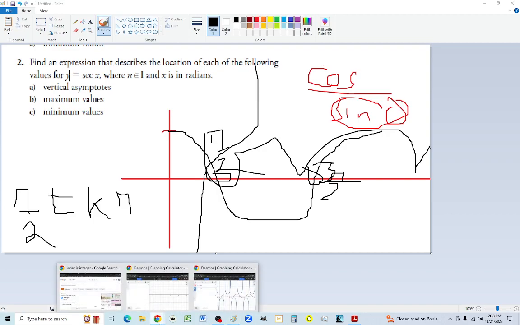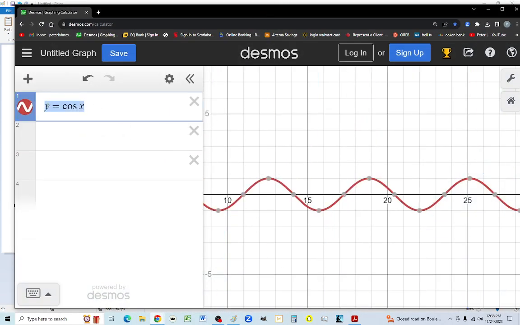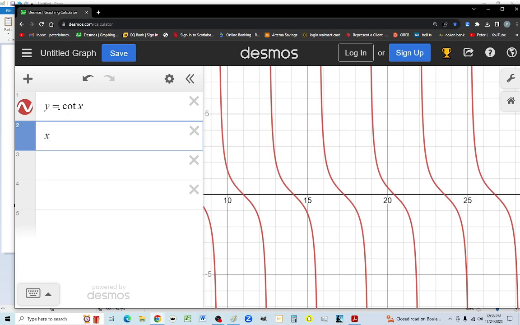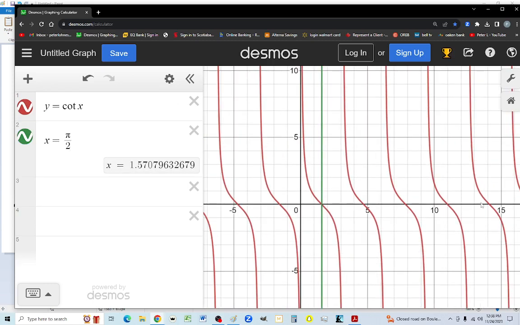And just to prove it, you can always pull up a cotangent curve and show x equals pi over 2. There we go.